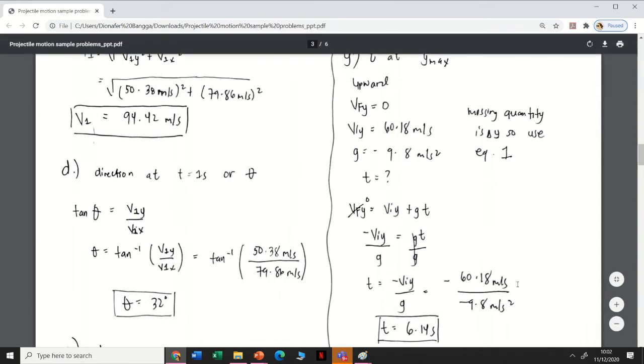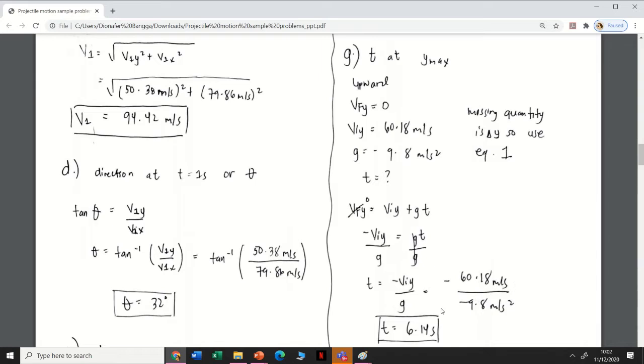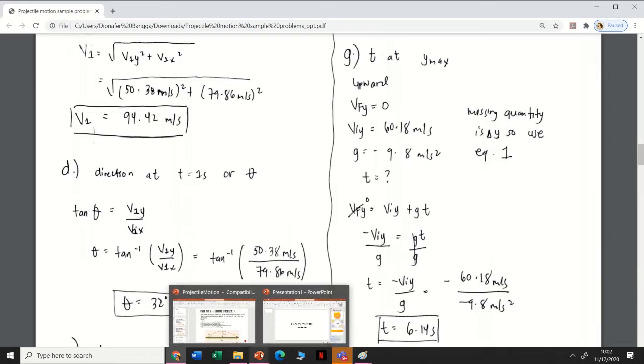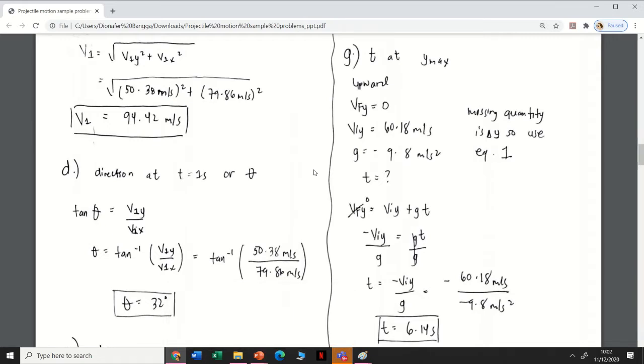Now, for the other given, since the end of our analysis would be that highest point, and we know that the highest point of the projectile is that point wherein its velocity would be equal to 0 because it would momentarily stop, right, at that highest point. So your VFY in this case would be equal to 0. That's the second given.